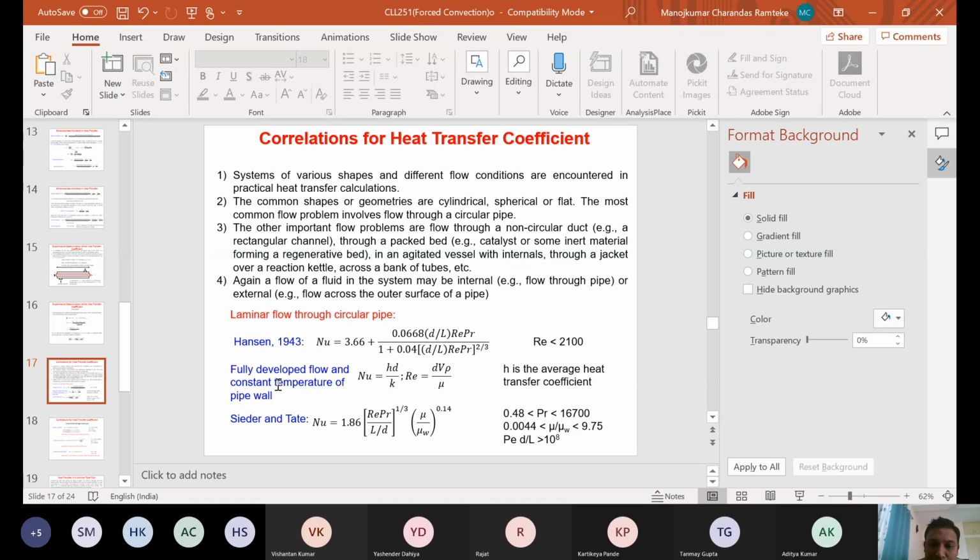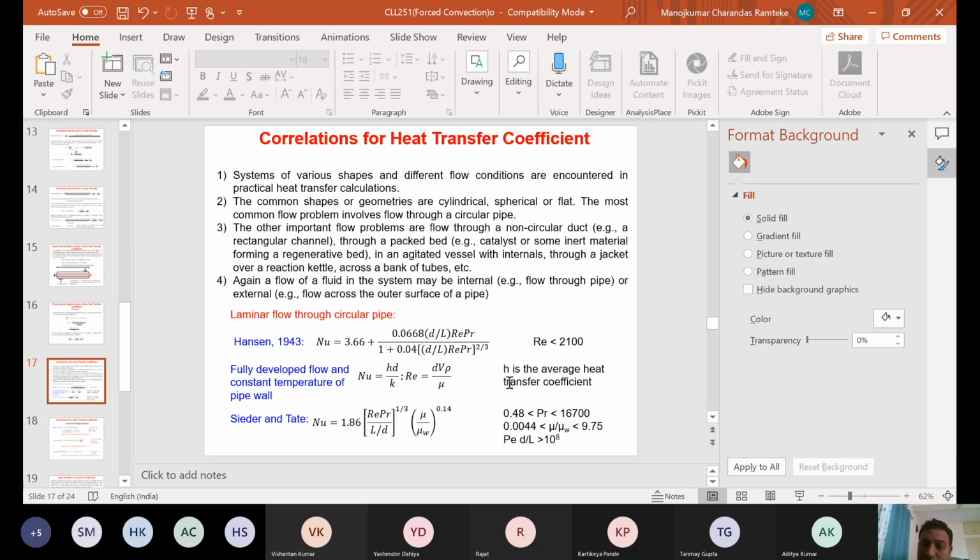In fact, for a constant wall temperature, we get 3.66, and for a constant wall heat flux, we get 4.364. So the Nusselt number equals 4.364. That is what you get when we are using a constant wall heat flux.